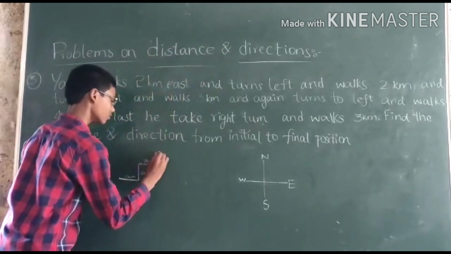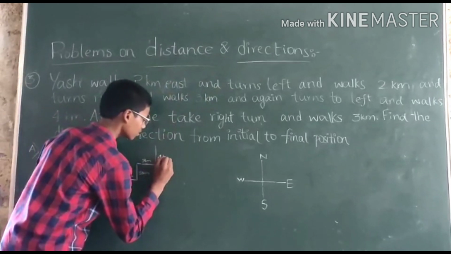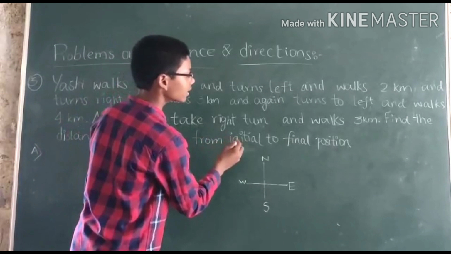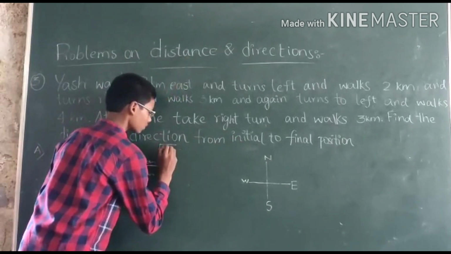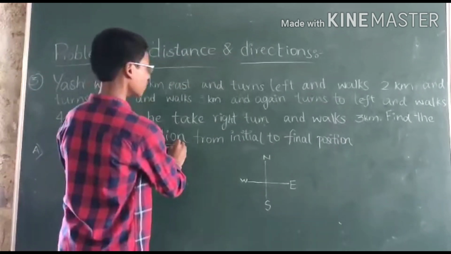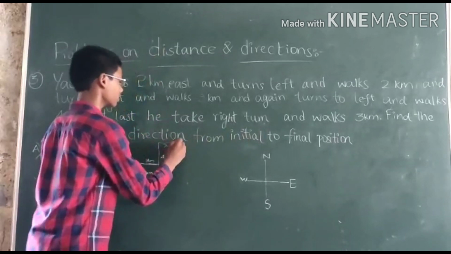And again turns to left and walks 4 kilometers. At last he takes right turn and walks 3 kilometers. Find the distance and direction from initial to final position.